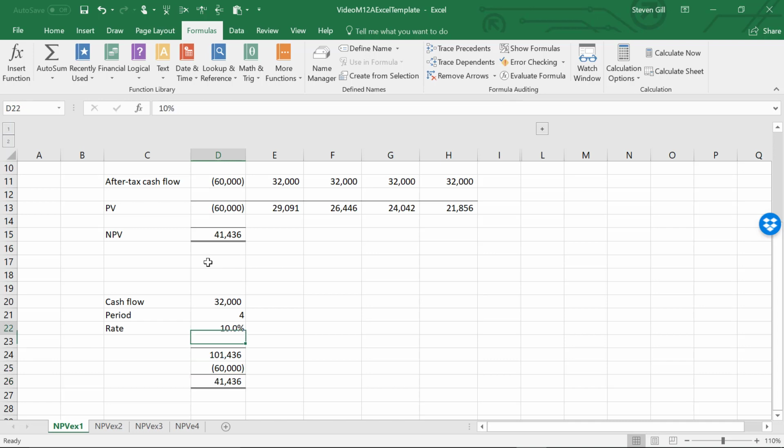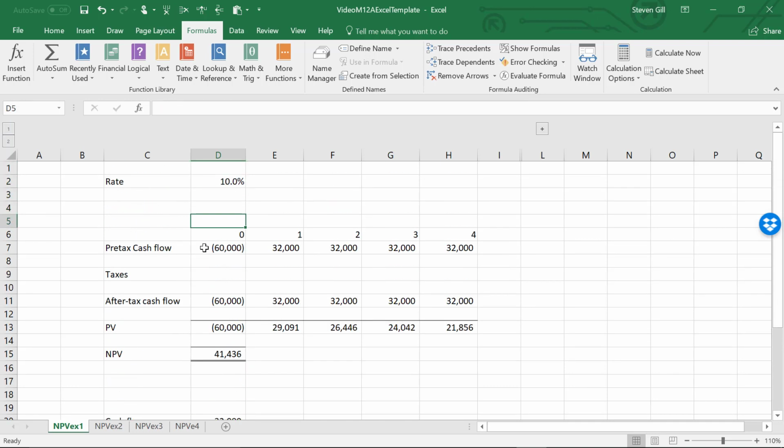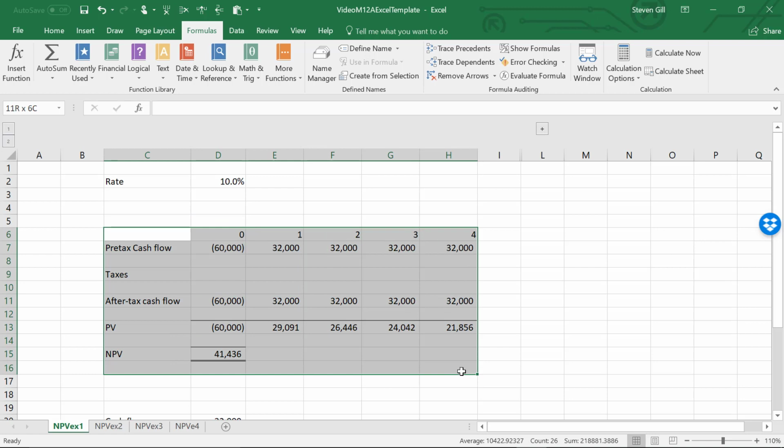So I prefer this method of calculation if I'm using Excel, because it allows me to make complex cash flows in different periods, right? So the world is full of periodic equal payments, right? Most debt, any car loans you have, any mortgages you have, those are generally structured as equal payments.